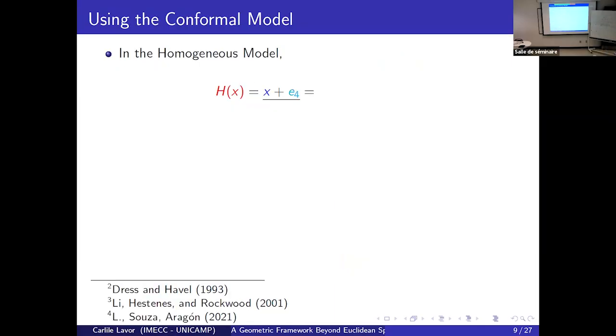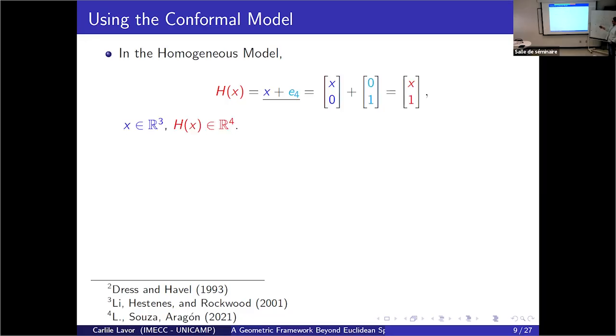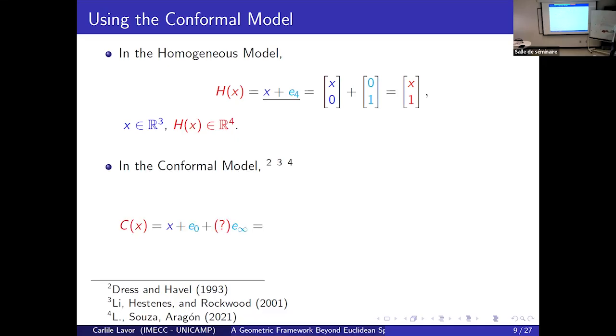So in the vector language, this is the way that we can describe the homogeneous coordinates. So we do just like this. These are the homogeneous coordinates of a point X in the 3D space. And in the conformal model, we have another dimension. So I'm using here another notation, but I'll explain later.